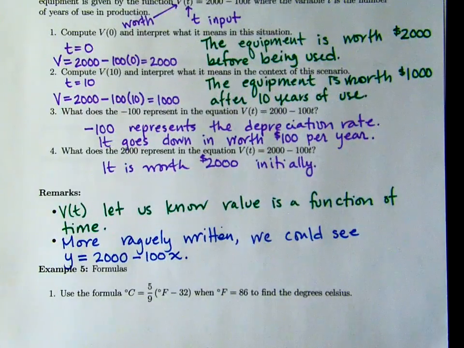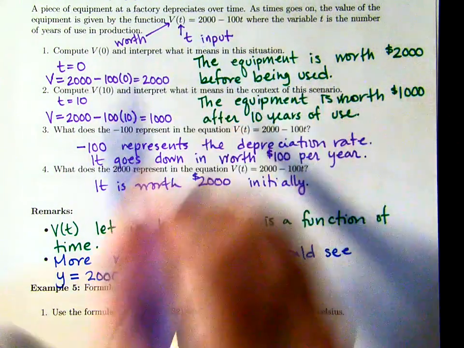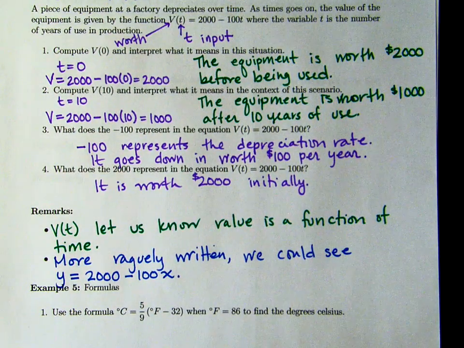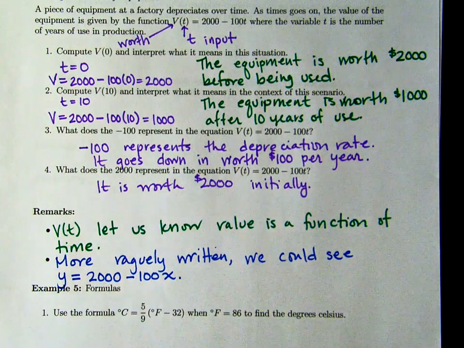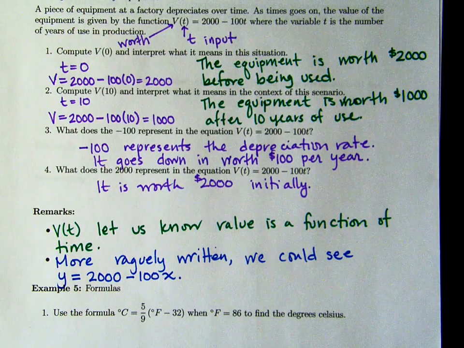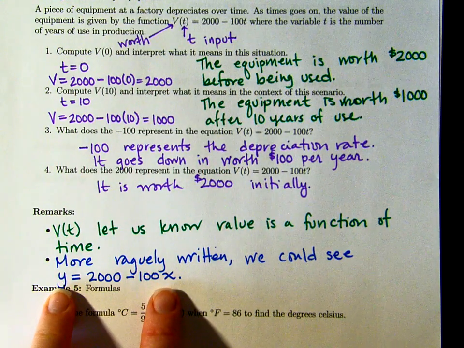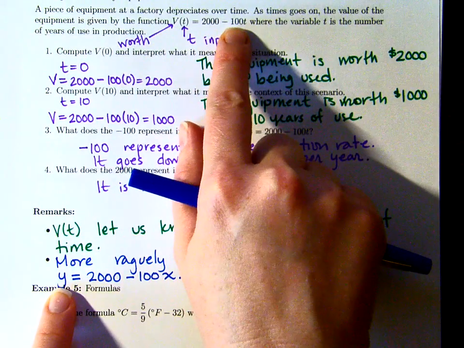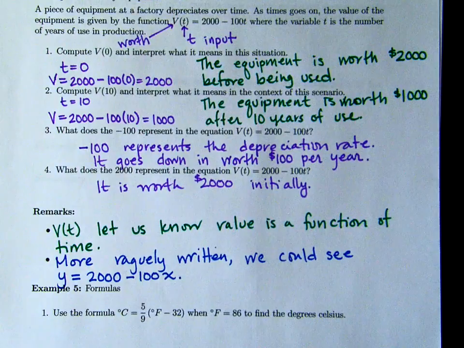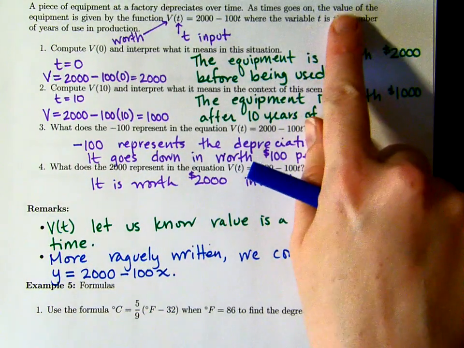But I'm not gonna lie, I really do prefer V of t, because as a reader, if I read this in some article or newspaper or research, I would not know what the y and the x represented. But if I saw this, V of t equals 2,000 minus 100t, I would be like, oh, maybe V stands for something related. And then my eyes would hunt for the word value, and it would find it.